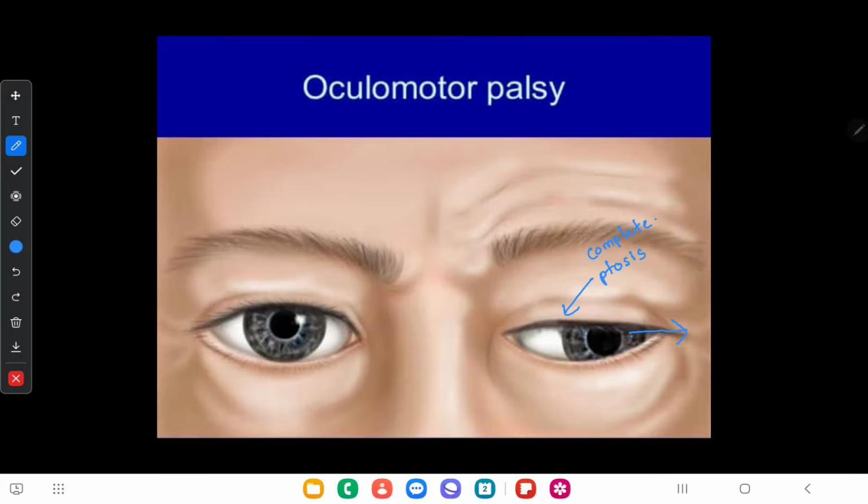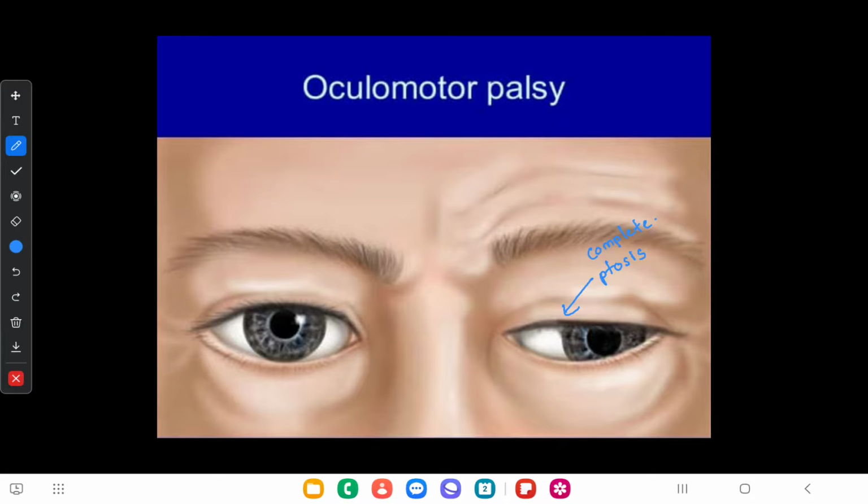This area and this area. So there can be external strabismus, because the rest of the muscles, the medial rectus, inferior rectus and inferior oblique muscles, are paralyzed.